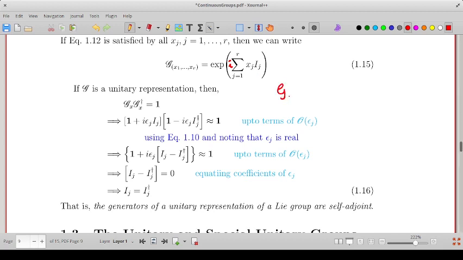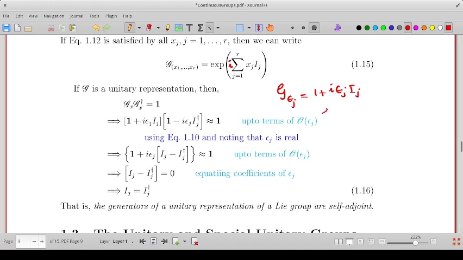Say g of x. Here we assume that only the jth parameter is changing from 0. So I consider an infinitesimal transformation. So g of epsilon j will be 1 plus i epsilon j times ij.